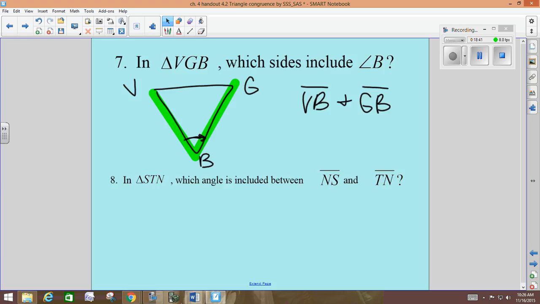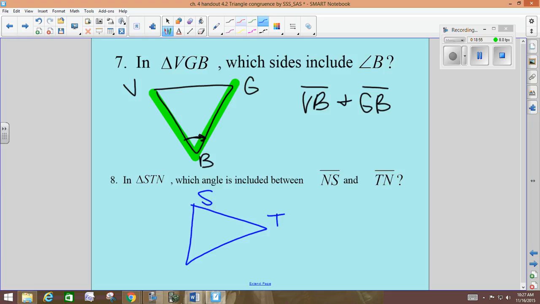Number 8, in triangle STN, which angle is included between NS and TN? This time we're trying to find the angle that goes between the 2 sides. And we're looking between NS and TN. Which angle is between them?